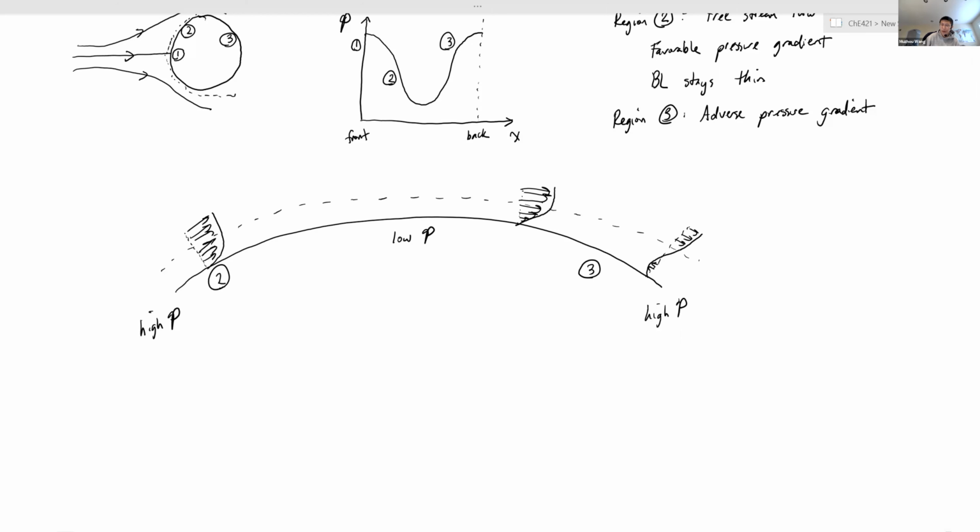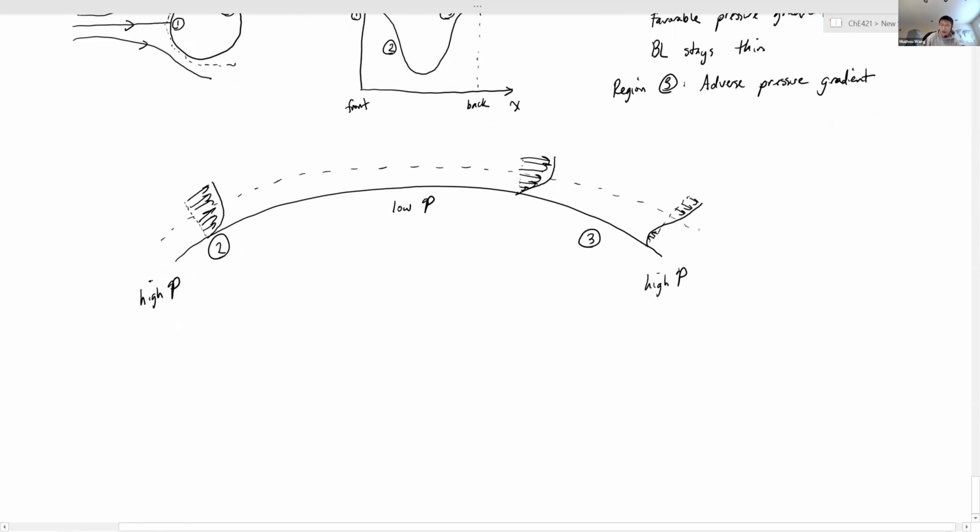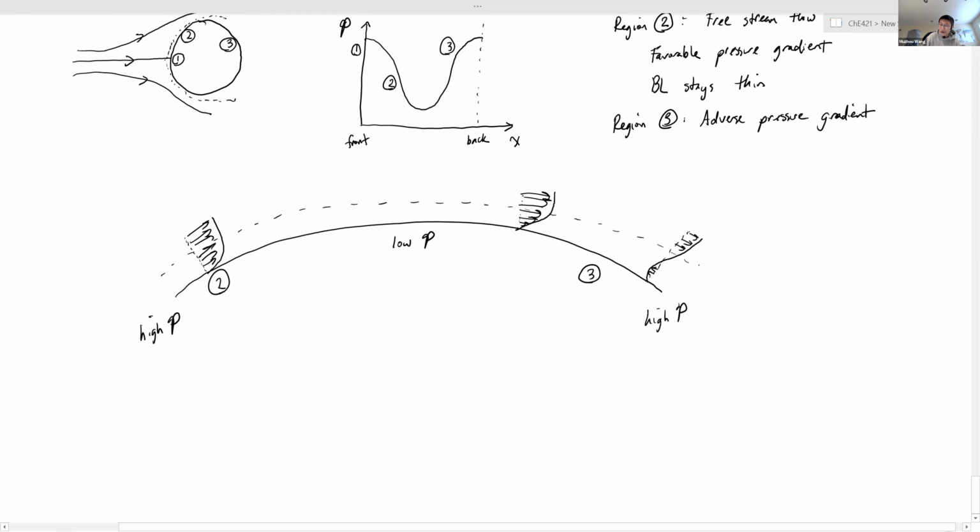Okay, and the reason is because in region 3, the fluid does not have enough momentum to overcome the pressure gradient.